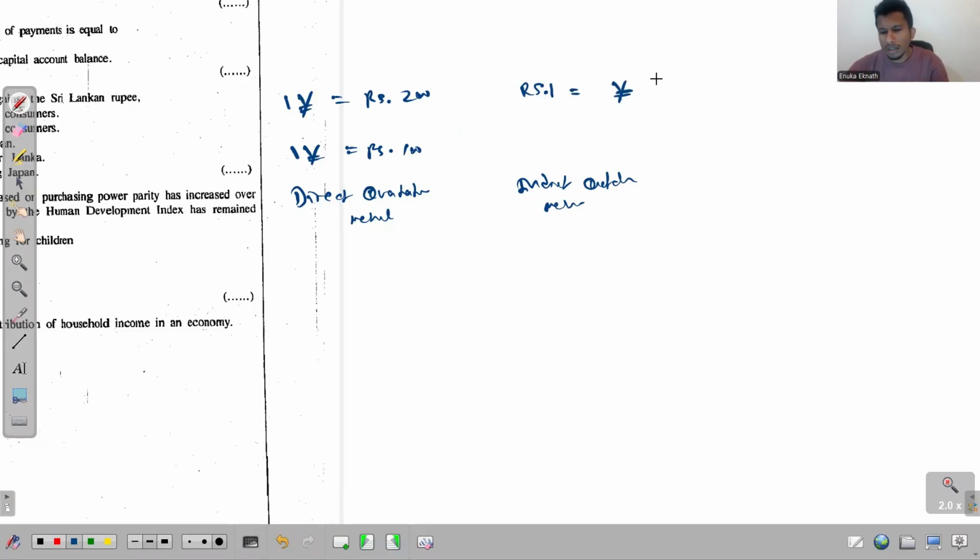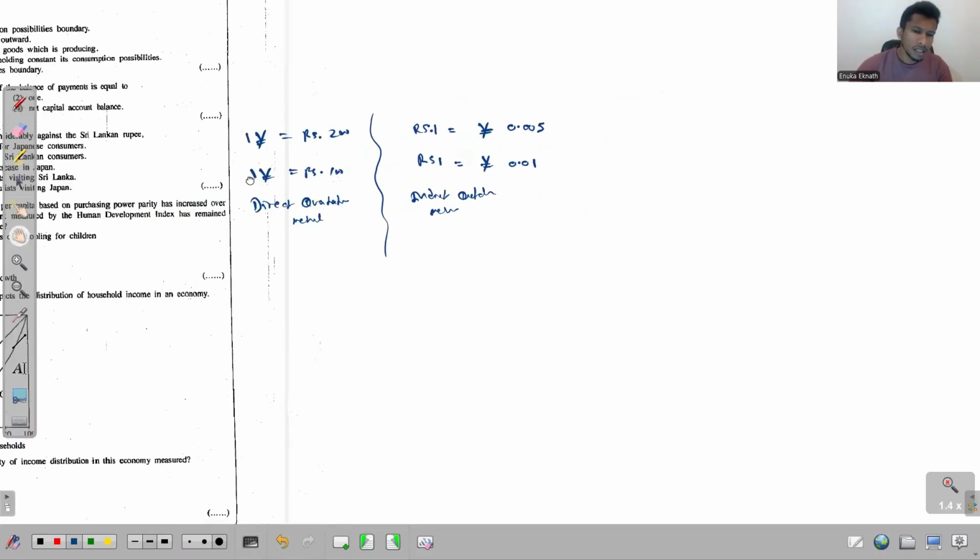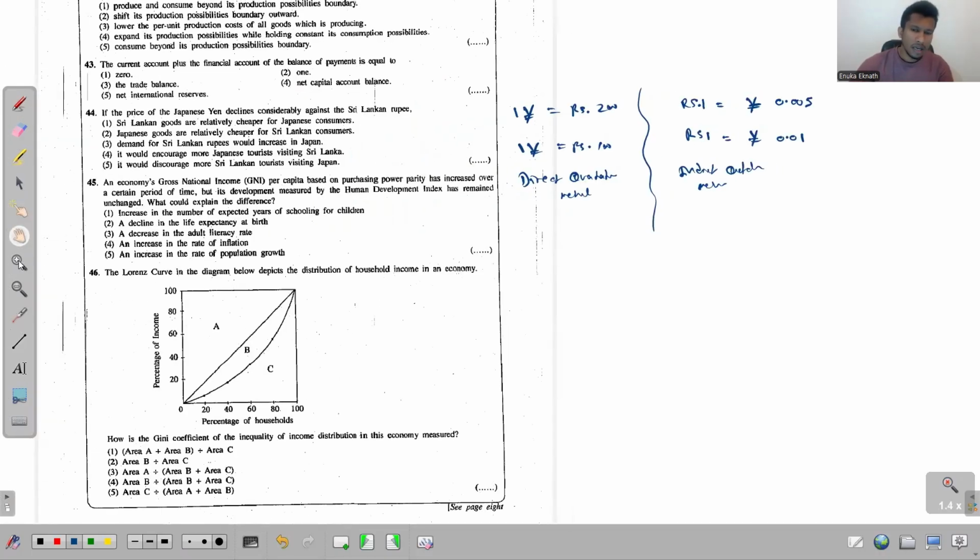So how much is that? 1 over 100 is 0.01. So a half of that, 0.005. But now the situation has changed. 1 rupee is equal to 1 over 100 yens, which is just 0.01. Okay. So if you understood this simple thing, you can find the answer very easily.